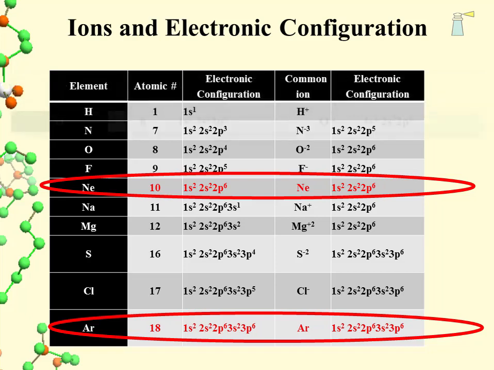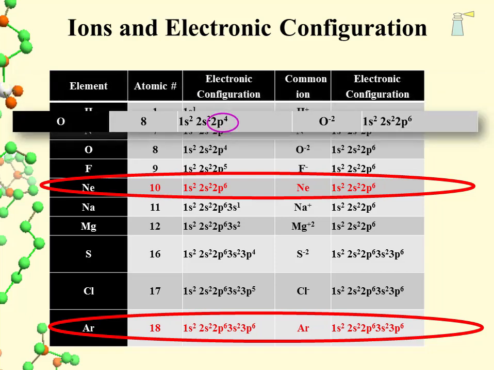Hopping down to oxygen, if oxygen gains 2 negatively charged electrons, thereby adopting a -2 charge, it will, in effect, be adding electrons to the 2p orbitals, making the ion electronic configuration end in 2p6. 4 plus 2 equals 6. 2p6, just like neon.